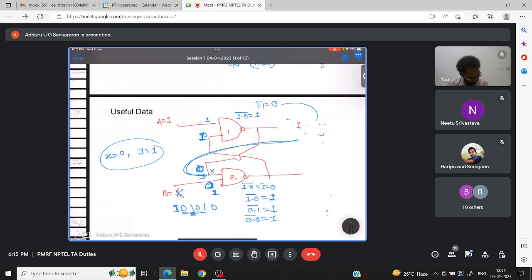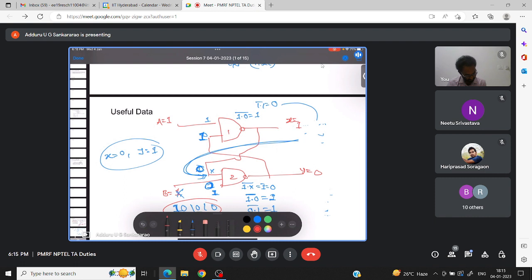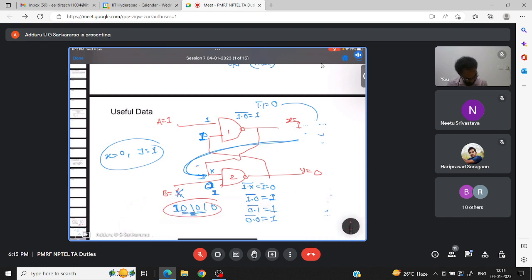Then you are changing with this. Now when X is 1, Y is 0, that means you have 1 here. Next let us say this 0 is coming here. 1 dot 0 whole complement is 1, right? That means Y became 1.